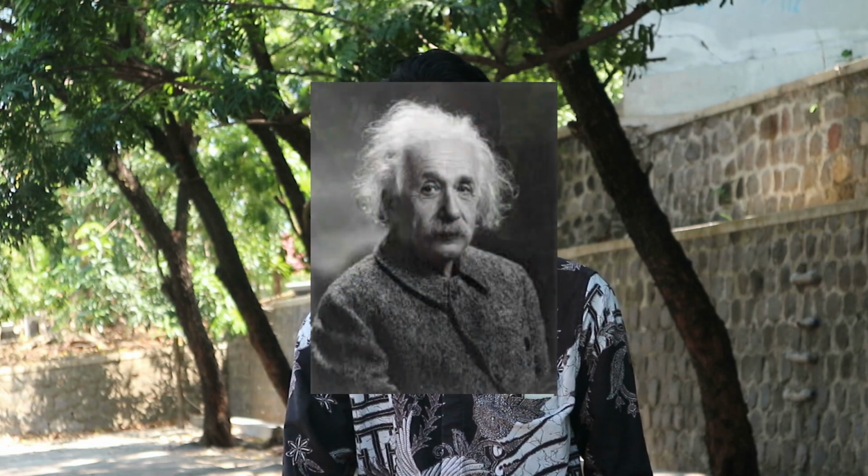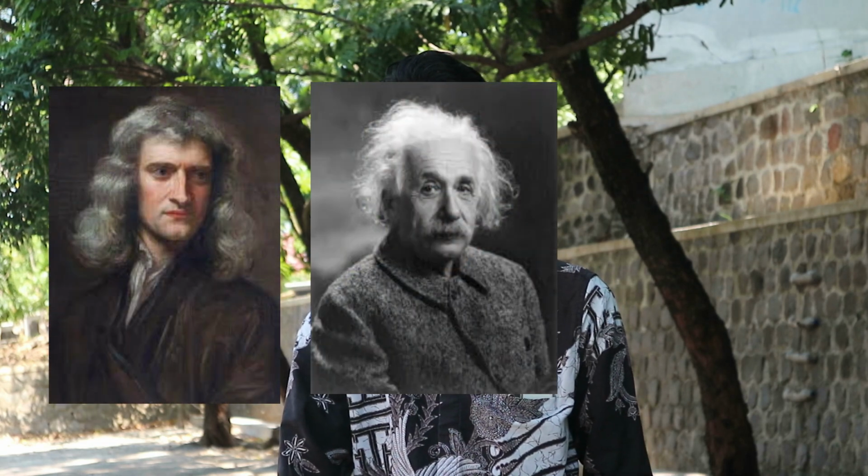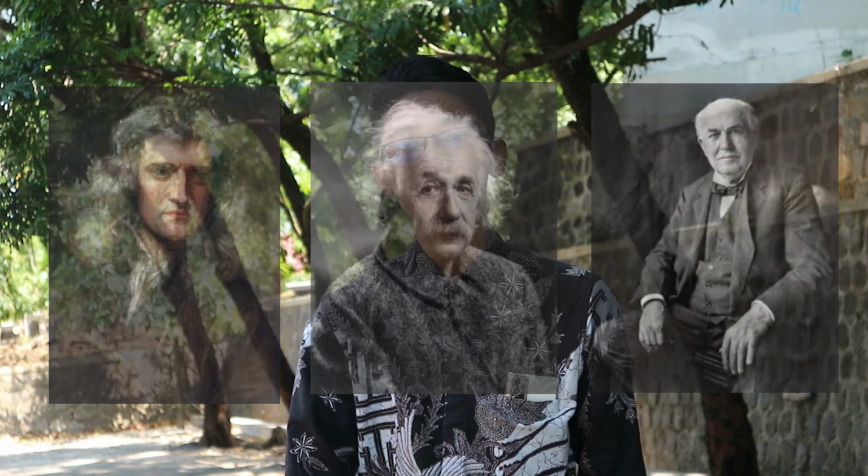And according to research taken by KIF in 2007, there were some famous people in the world, like Albert Einstein, Sir Isaac Newton, and Thomas Alva Edison, who were encouraged to leave school because of their inability to learn the way the teacher wanted.